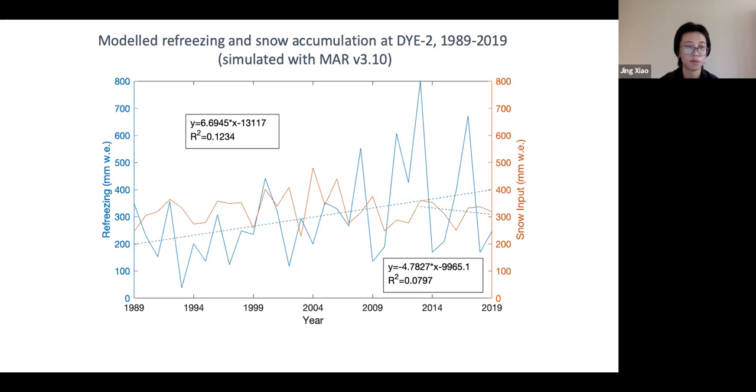So we can say that the melting is decreasing. But it is clear that while the snow accumulation doesn't change much, the refreezing is more variable. And it is in a generally increasing trend, but also decreased a little bit during the past few years after 2012. And this also agrees with the total mass loss trend of the whole of Greenland.